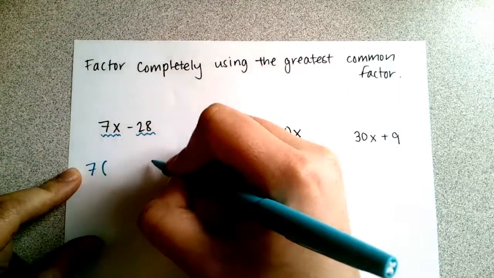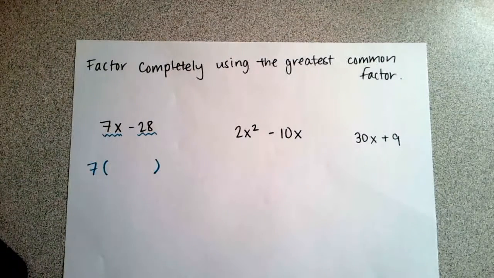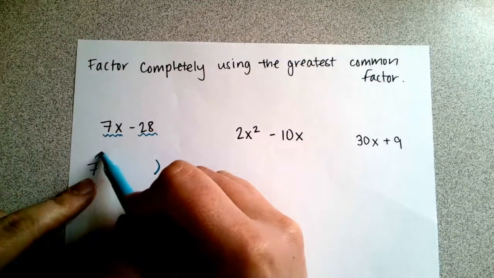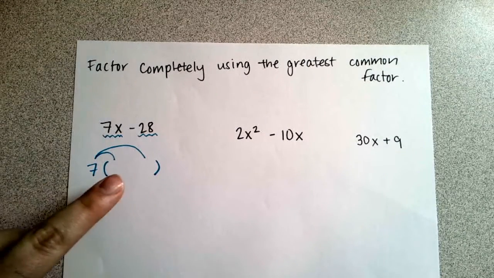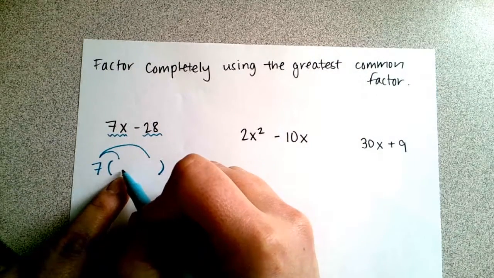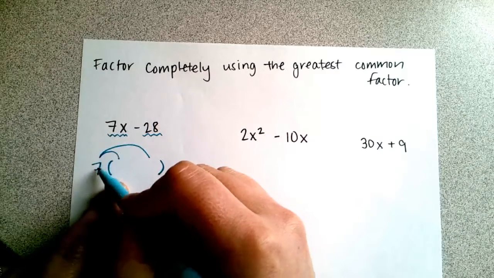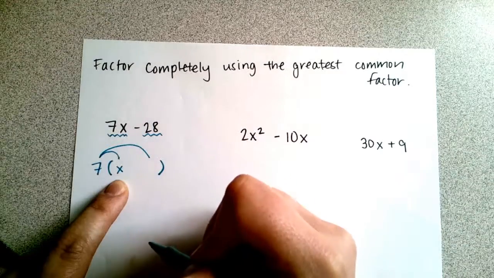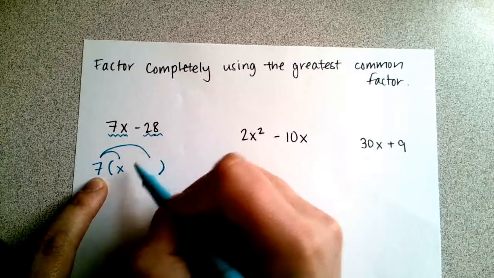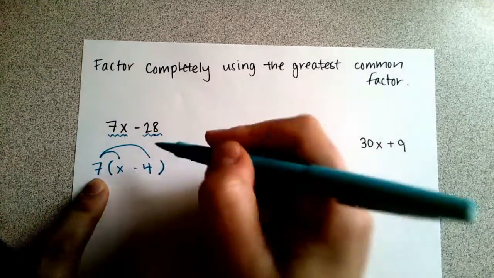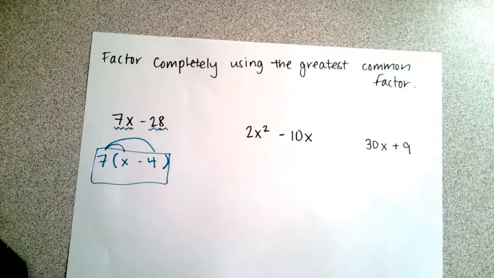So I'm going to put 7 outside of the parentheses, and then you have to think to yourself, if you were going to distribute the 7 inside the parentheses, what would have had to be there for you to get 7x? Well, 7 times x is 7x. 7 times what would have given us negative 28? Negative 4. So the factored form is 7 times (x minus 4).